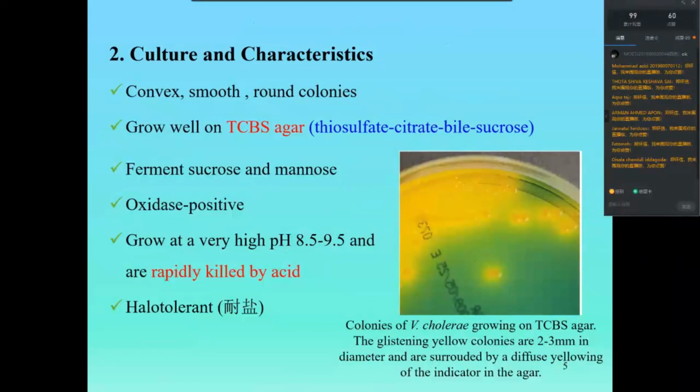They will be cleared out. So only a large number of bacteria can set up an infection in humans. And we also know that those bacteria are halotolerant. They can tolerate a high level of sodium chloride. So it's halotolerant.